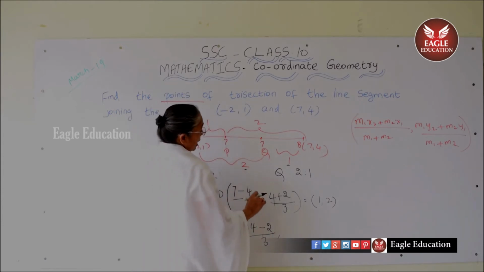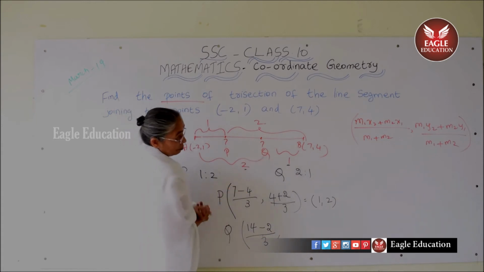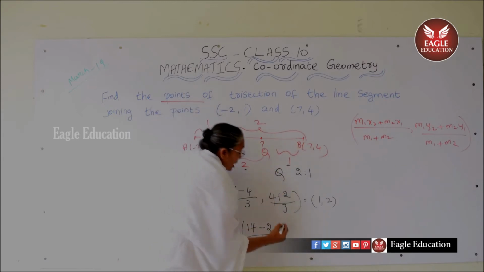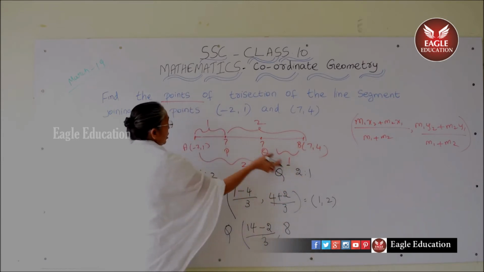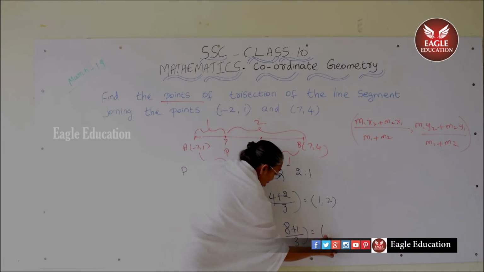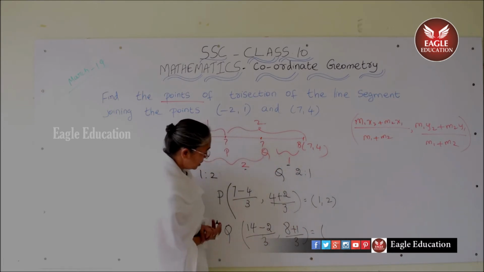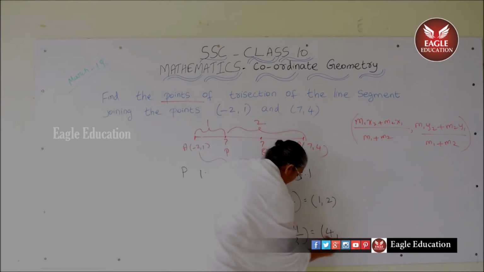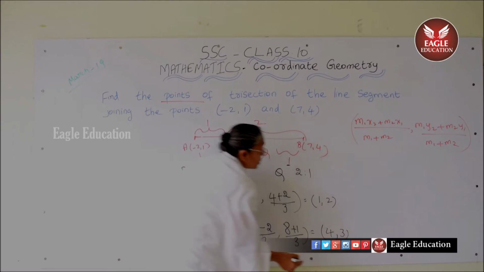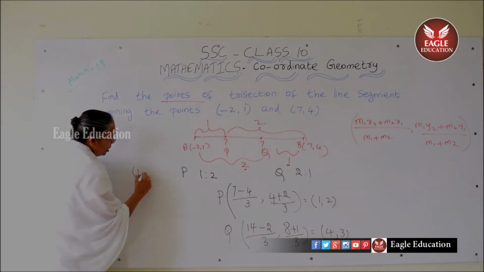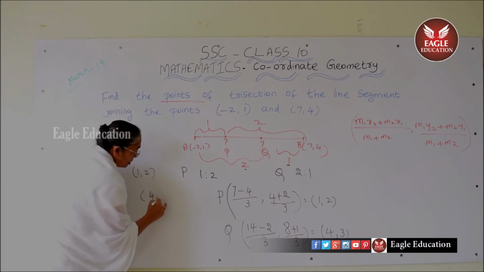Next the y coordinate, m1 y2, 2 fours are 8, plus m2 y1, 1 one is 1, divided by 3. So the coordinates are 14 minus 2 is 12 by 3 is 4, comma 9 by 3, 3. So the points of trisection are nothing but (1, 2) and (4, 3).